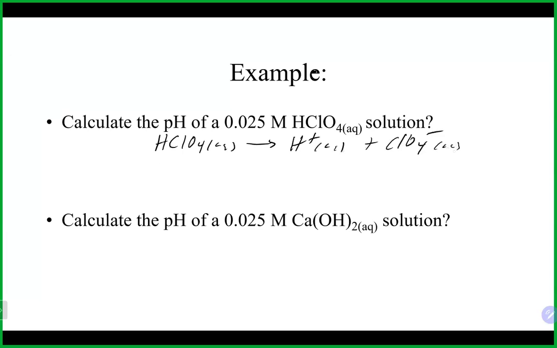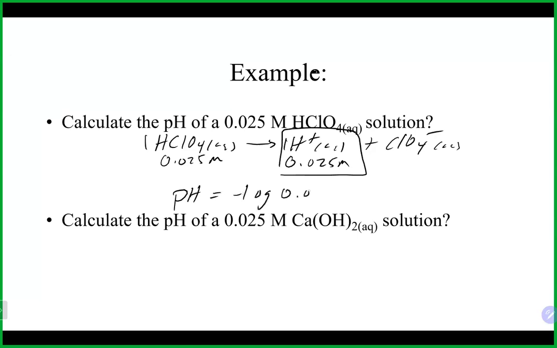In terms of the pH, the important part is the H plus concentration, which is a 1-to-1 relationship here. 0.025 would be my H plus concentration, which is all I will now need to go into my pH equation. And that will yield me a pH here of 1.60. That is acidic, and that makes sense since this is an acid. Any questions on that one?